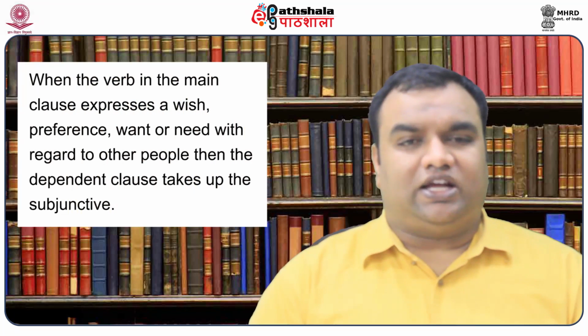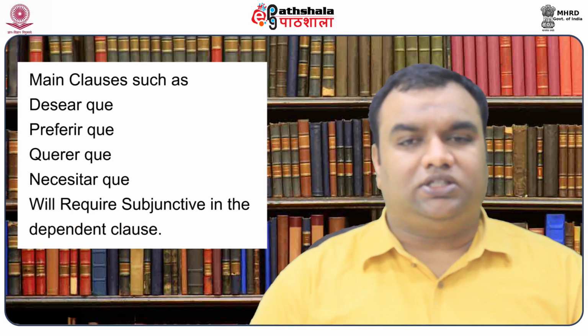With verbs of desire, subjunctive is used when the verb in the main clause expresses a wish, preference, want, or need with regard to other people, then the dependent clause takes up the subjunctive. Main clauses such as desear que, preferir que, querer que, necesitar que will require subjunctive in the dependent clause.